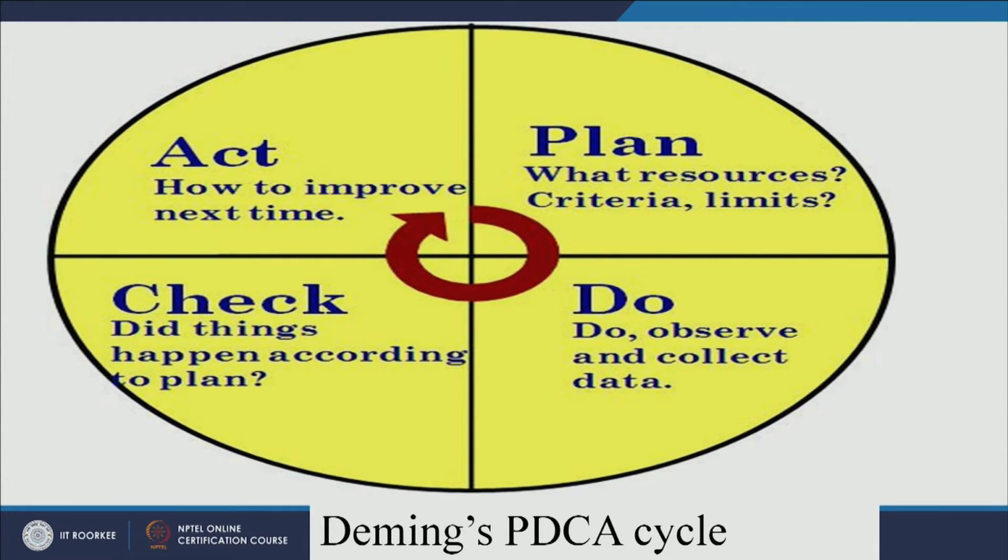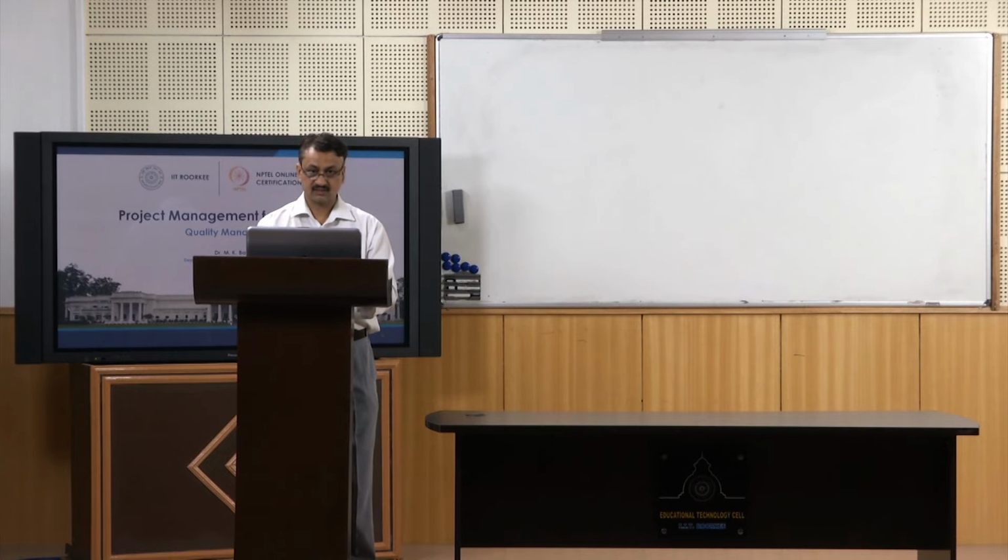Now, I talked about the PDCA cycle when we were talking about project control. One of the methods of project control is the PDCA cycle. You plan, you do, then you check whether you made any mistake or not, and then act.